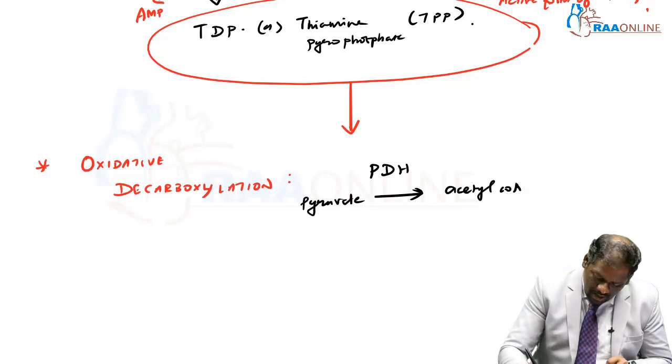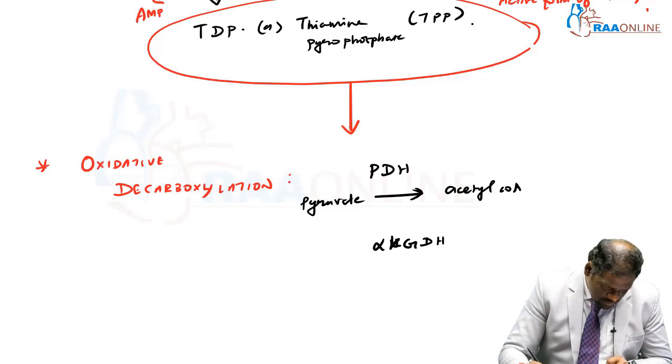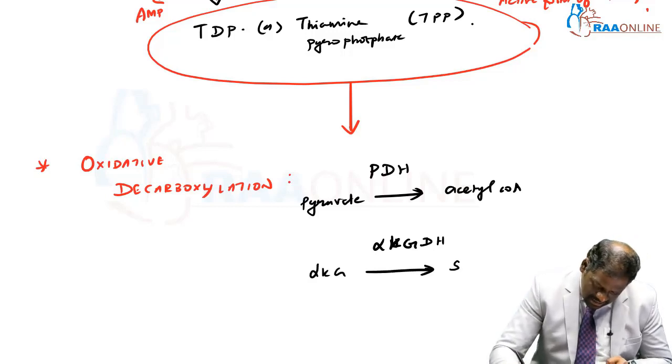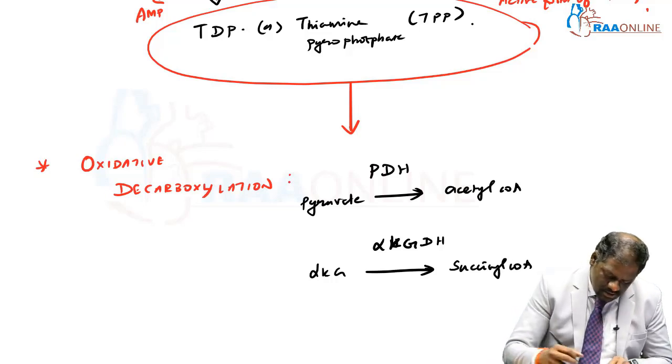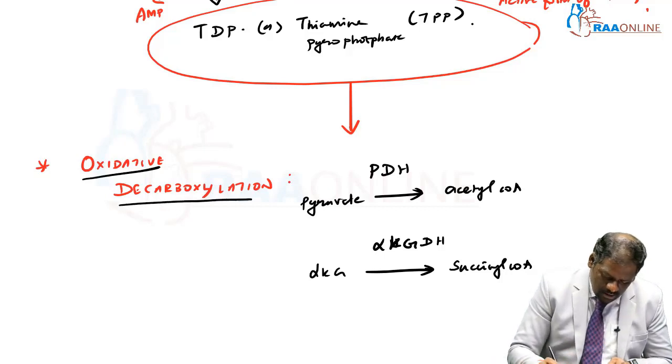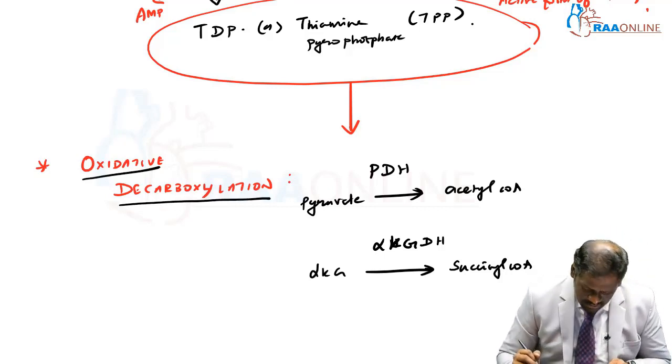Then we have alpha ketoglutarate dehydrogenase. It converts alpha ketoglutarate to what? Succinyl coenzyme A. So these are the reactions called oxidative decarboxylation.